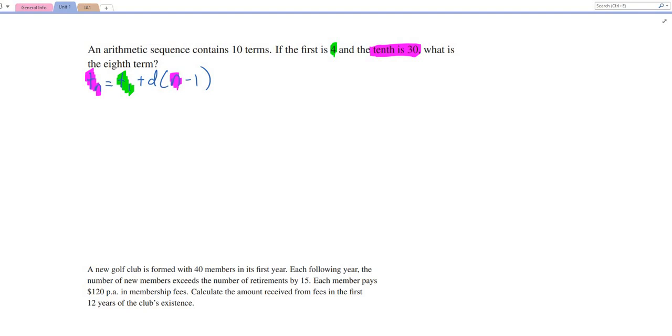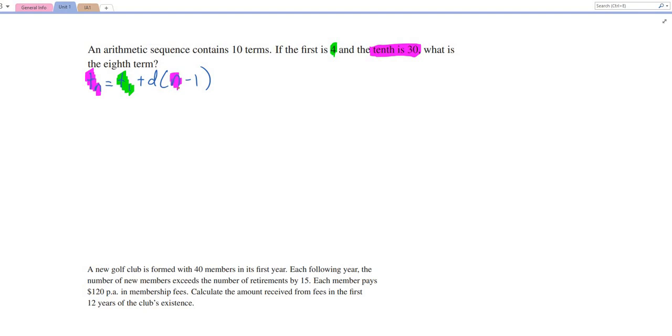Okay, I'll give you another minute on this one, and then we'll put the answer up. So the 10th is 30 up there, and then down here it says Tn, and in the bracket it says n. Yes, and we know T10 is 30, Clarice.